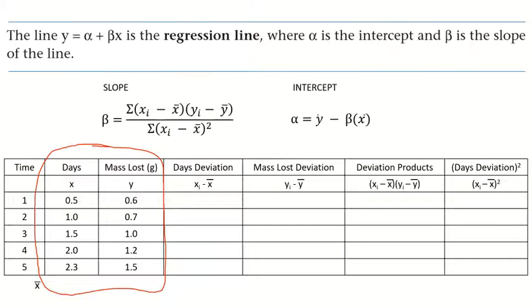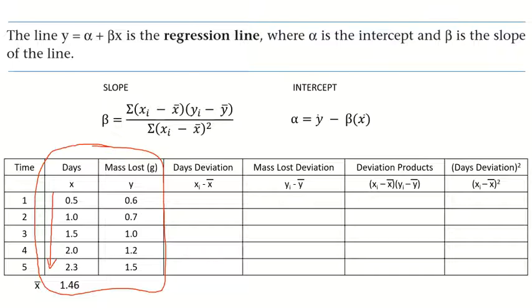Okay, so first let's get the mean for the time, or the exposure to the bacterium Serratia liquefaciens. We are going to add everything here in our first variable and divide by 5, and we get 1.46. Next, we are going to solve for the deviation of the days from the mean that we just solved, 1.46.